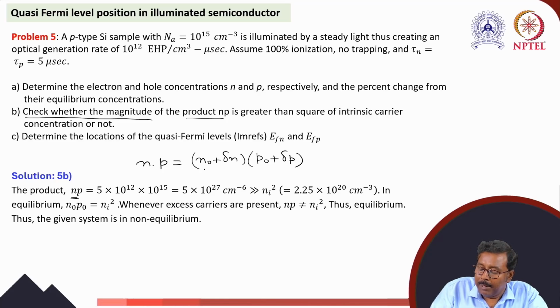N0 plus delta N we have obtained as 5 × 10^12. P0 plus delta P is nothing but the original P0, as there is no significant change in delta P. So this is 10^15.